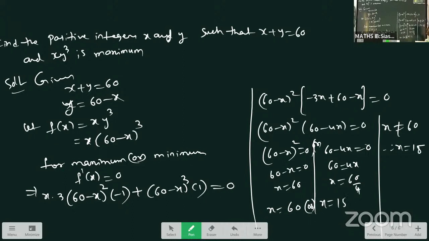Now, if x is equal to 15, you have to prove it is a maximum. So then immediately go to f double dash of x. So f dash x, what we got? We have f dash x is equal to (60 minus x) whole square into (60 minus 4x).